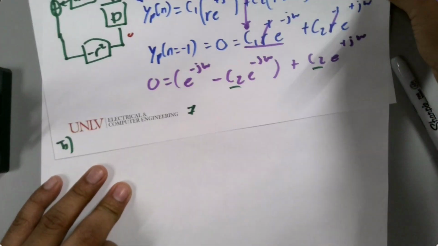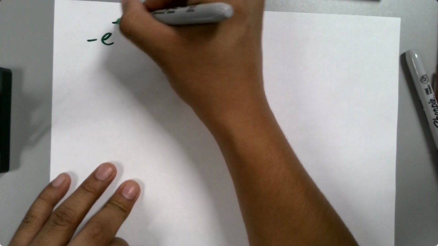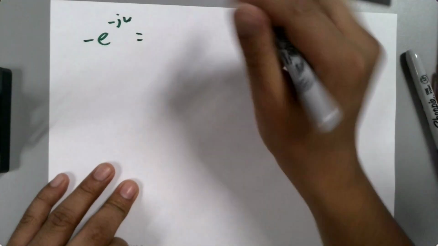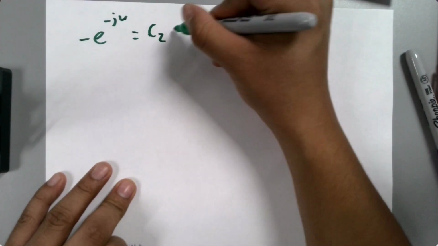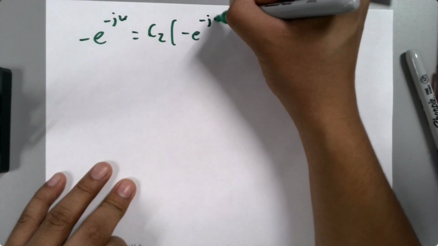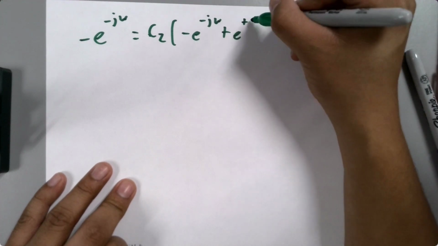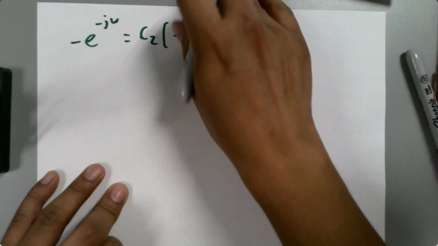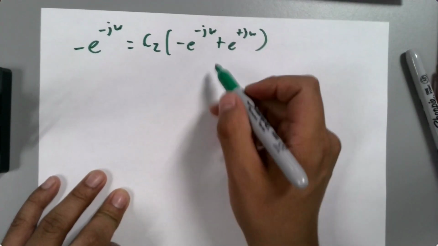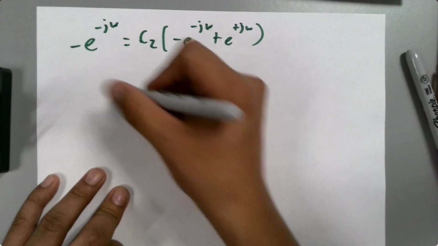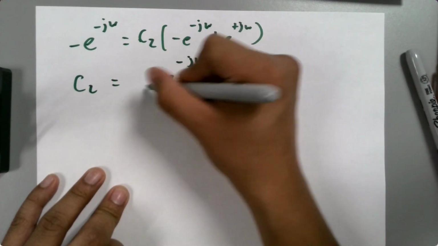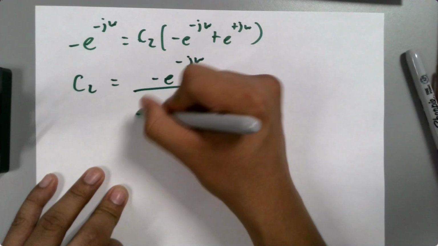So if I were to do this, minus e to the minus j omega is equal to C2 times minus e to the minus j omega plus e to the positive j omega. Okay, I just moved the term to the other side and factored out a C2. Okay, and now to solve for C2, and I'm going to put the positive frequency here.